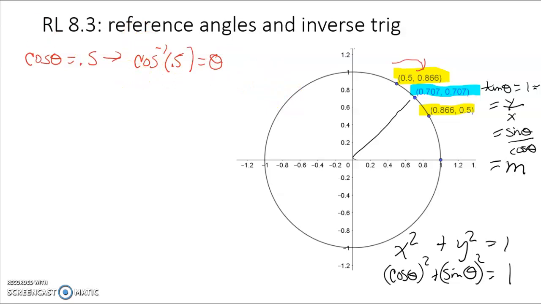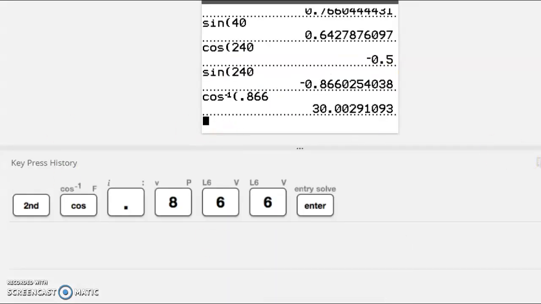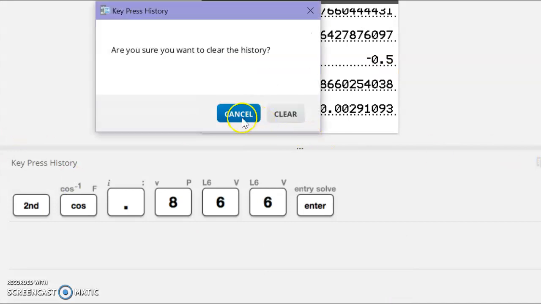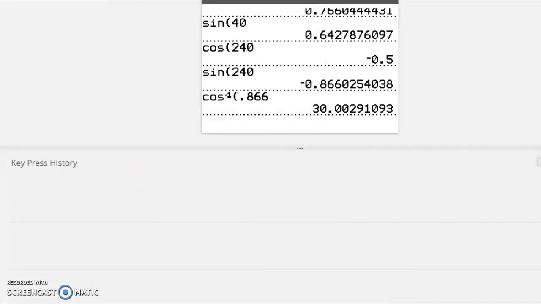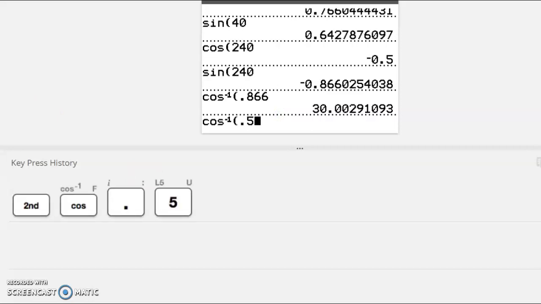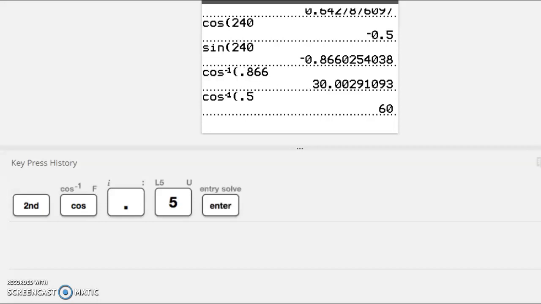So go to your calculator, and we're going to say cosine inverse of 0.5, and we get that that's a 60-degree angle.